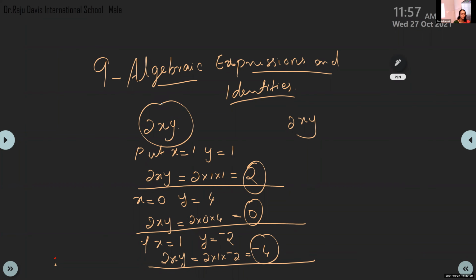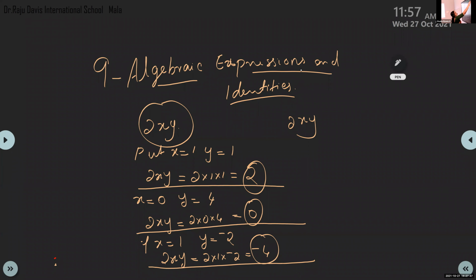If we change the value of the variable, the value of the algebraic expression also changes. So algebraic expressions can have different values as per the value of the variables. That's why x and y are called variables. Its value can be changed.